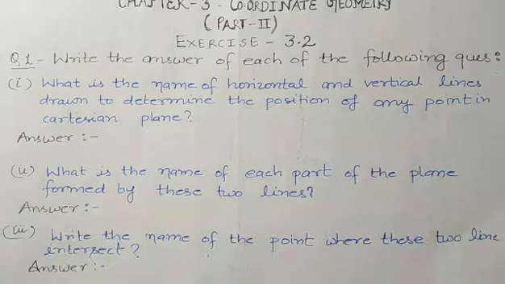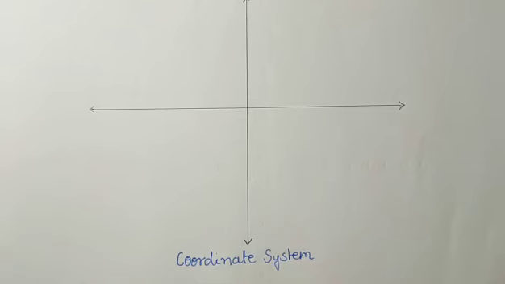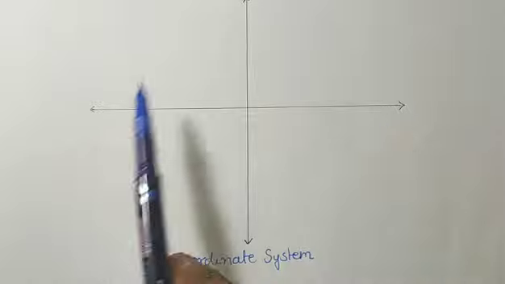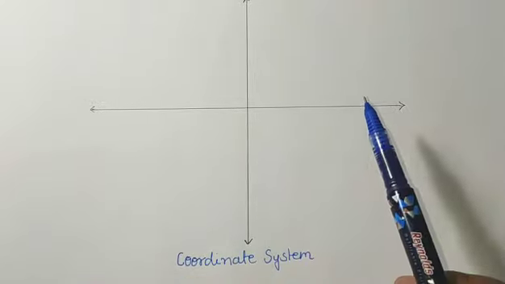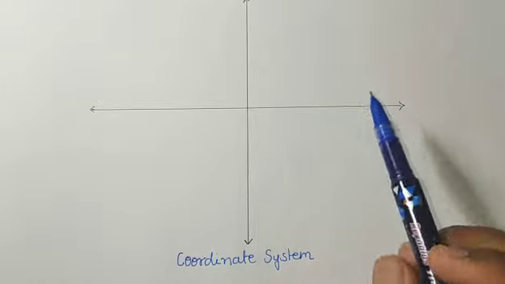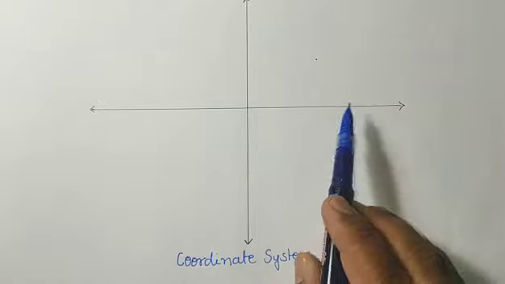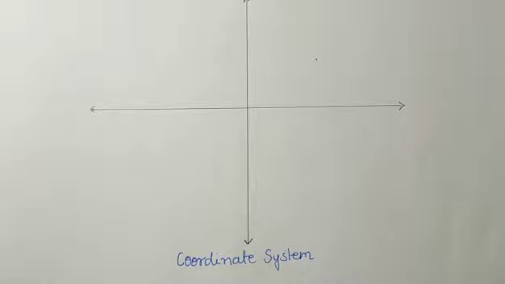But before starting the exercise, let us revise what we studied in the last part of the video. There we studied the coordinate system. In the coordinate system we have two mutually perpendicular lines, and we find the location of any point with reference to these two lines.